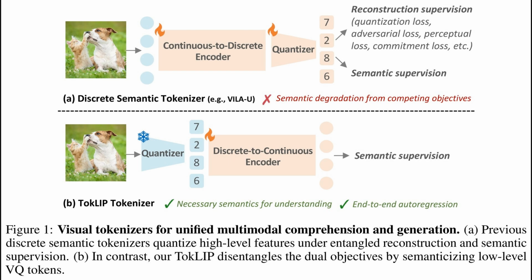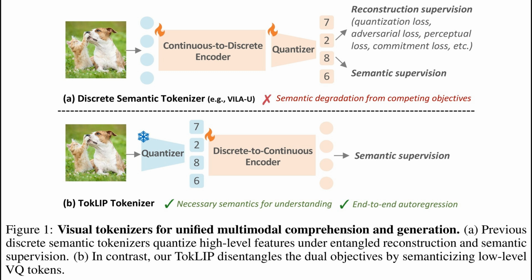So, this first figure really visualizes the core problem and TokLIP's solution. The top diagram shows previous approaches, like VLU. Here, the model tries to learn an image's meaning and how to reconstruct it at the same time. The paper points out that these two goals often conflict, which hurts the model's ability to truly understand the semantics.